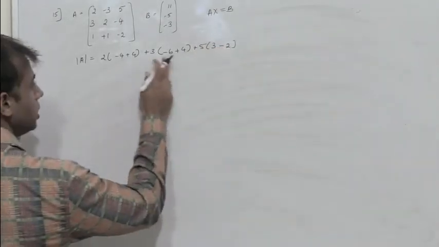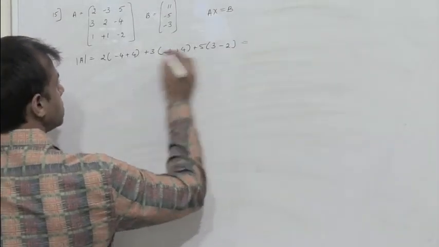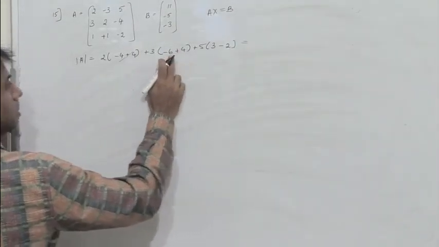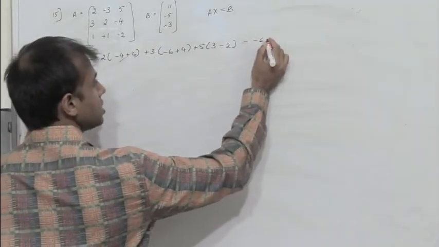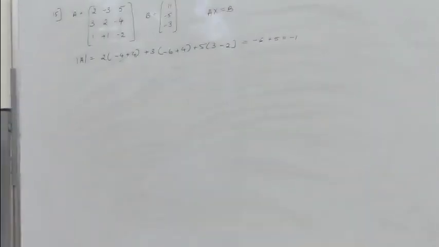This is 0 here, so we get minus 2 into 3, which is minus 6, plus 5 equal to minus 1. So determinant A equals minus 1, therefore the system is consistent.